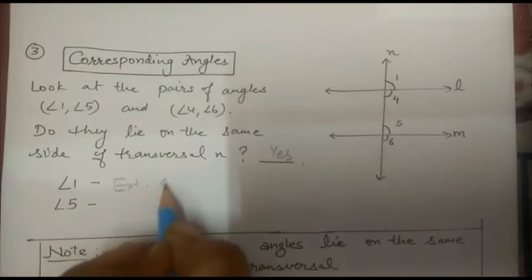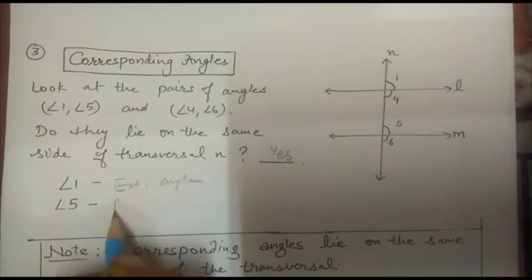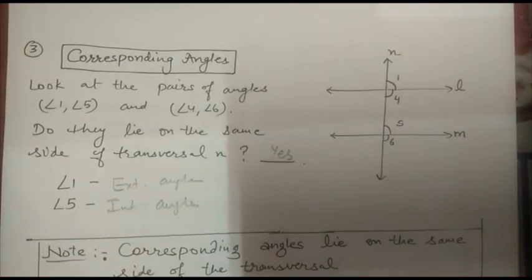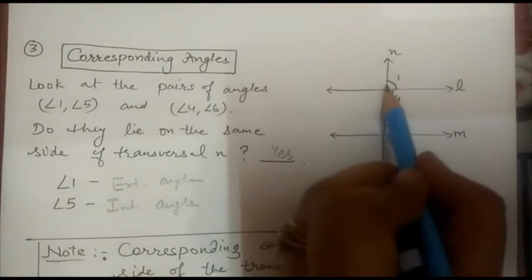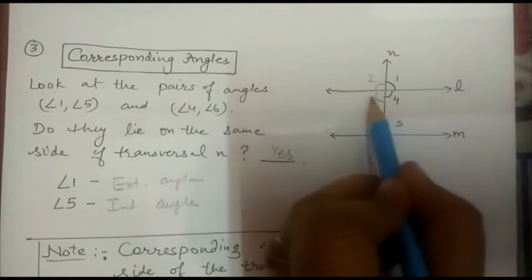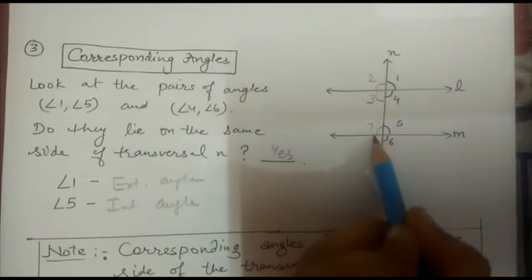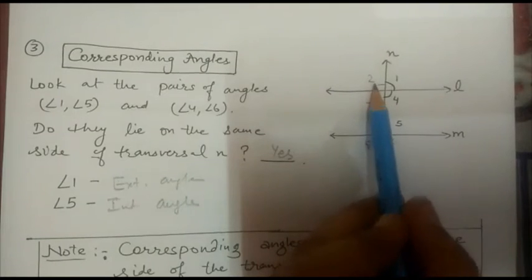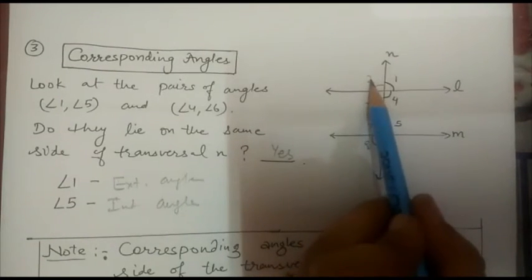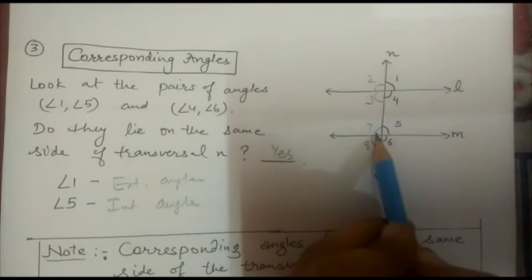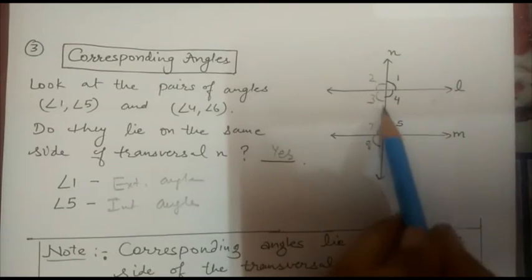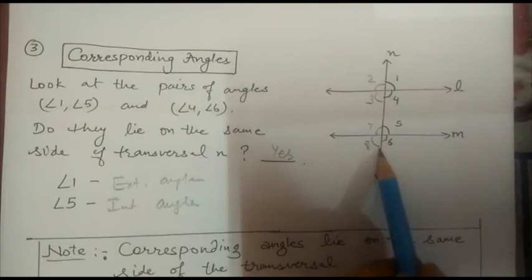Similarly, if I observe on this side angle 2, 3, 7 and 8. Here angle 2 is exterior and 7 is interior, 3 is interior and 8 is exterior.